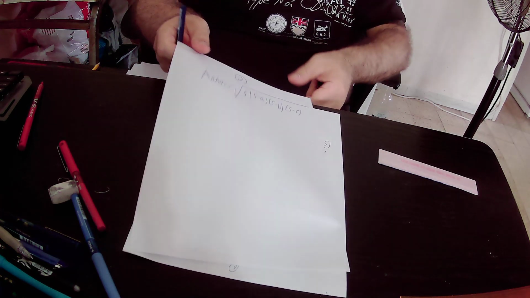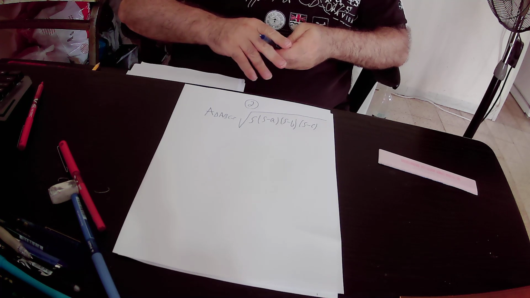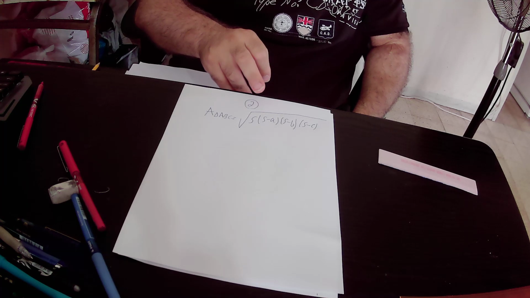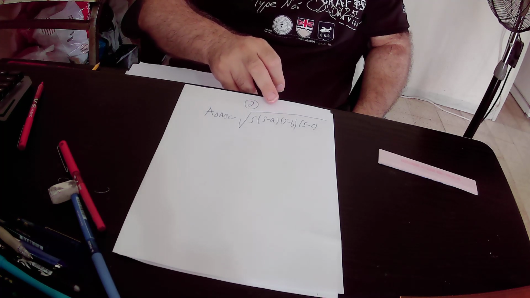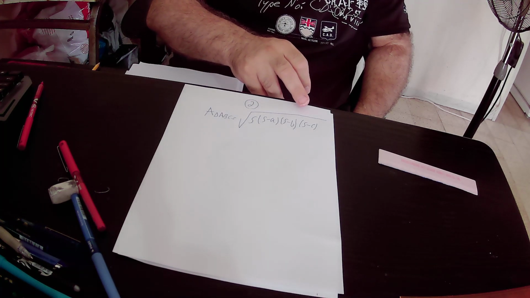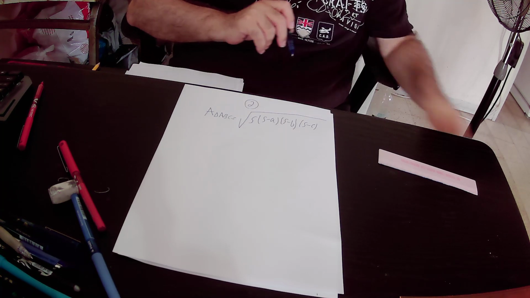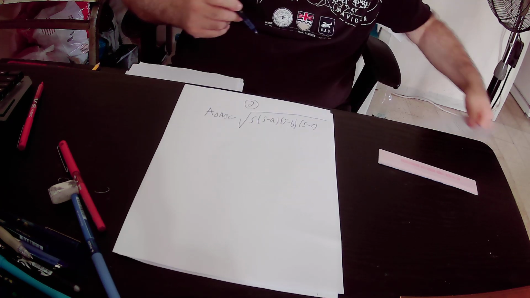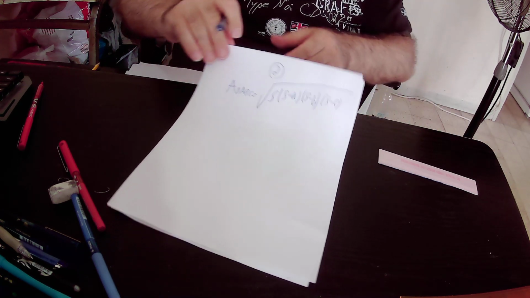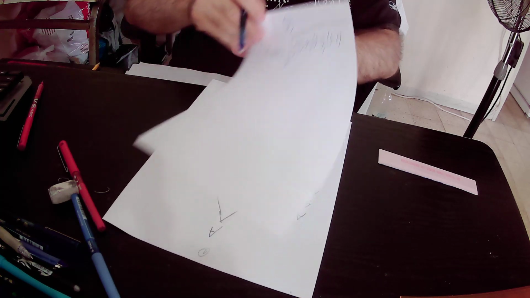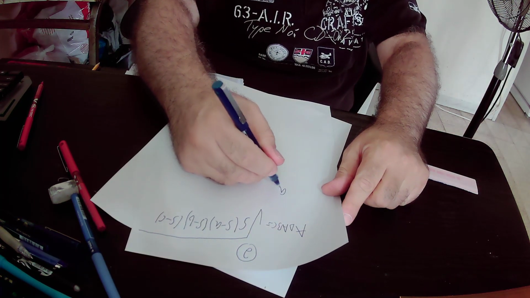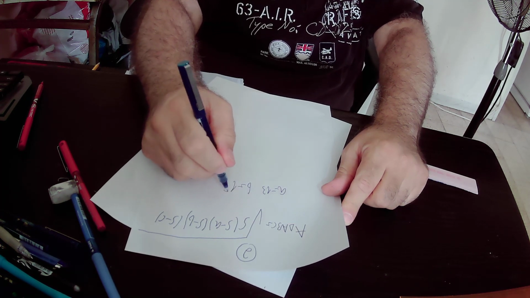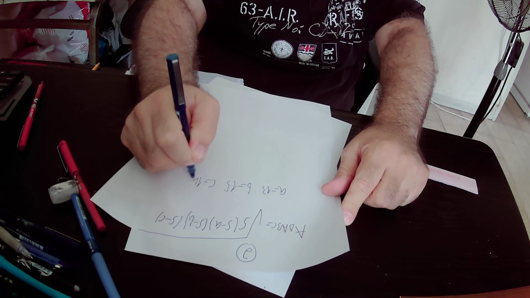So the area of triangle ABC is equal to the root of S times S minus A times S minus B times S minus C. We have already found that S equals 21 units, A equals 13 units, B equals 15 units, and C equals 14 units.